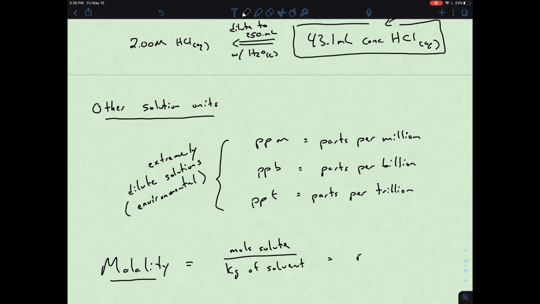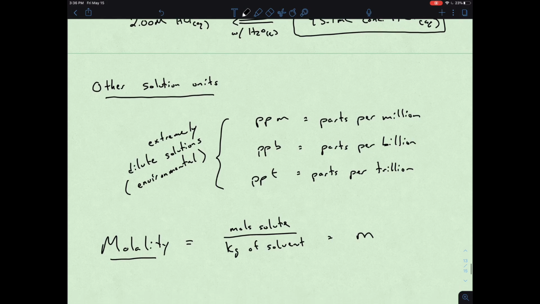And it has a little symbol of little m. So we have that as well. We're not going to see that in this particular module, but going on to the second half of general chemistry, we will see molality there. So just as an introduction for those going to that class as well.